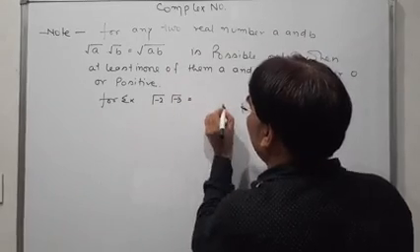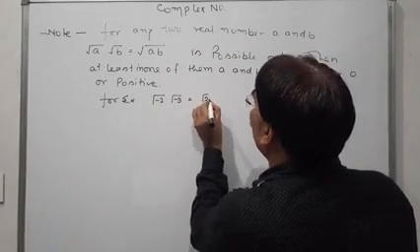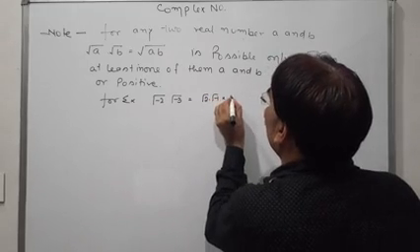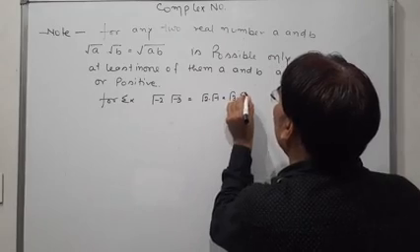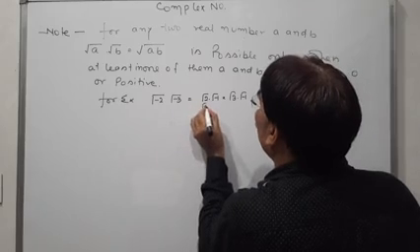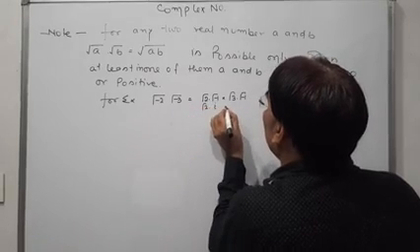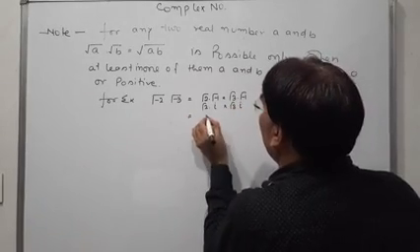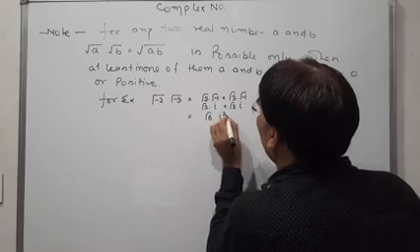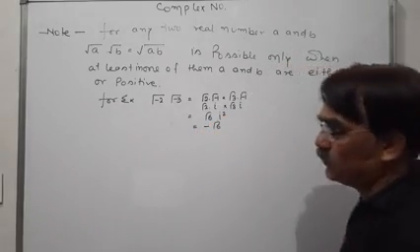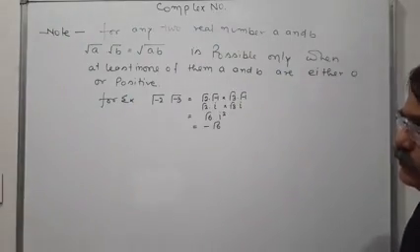Then we write it as root 2 into i into root 3 into i, then we get root 6 i square, which means it will be minus root 6.